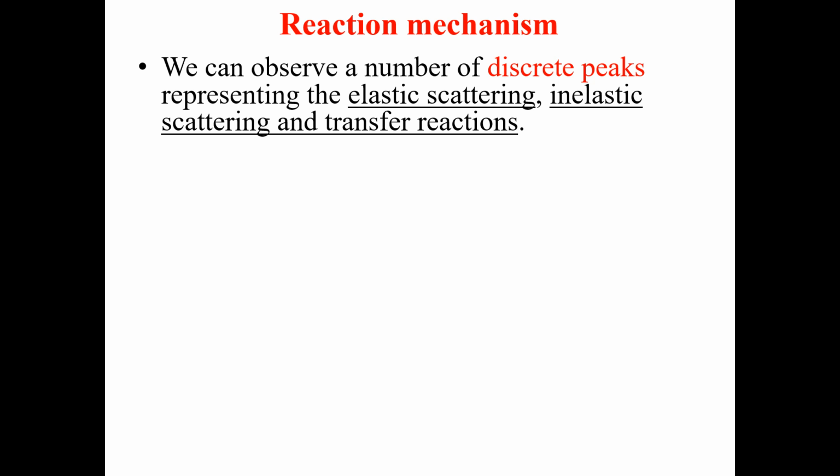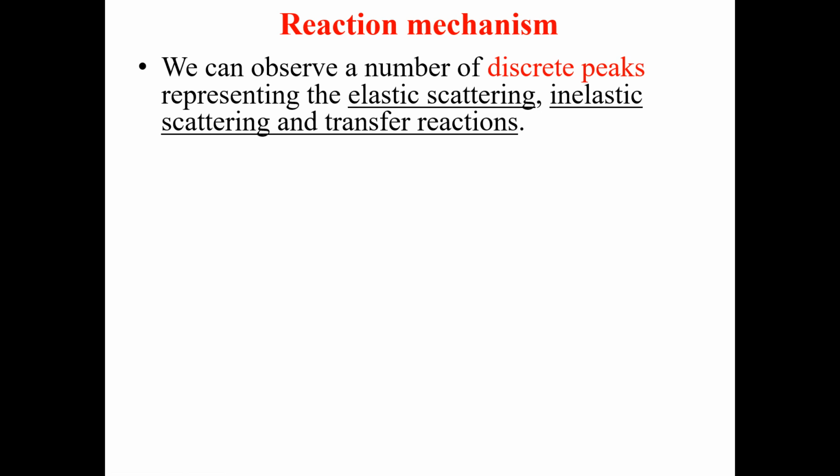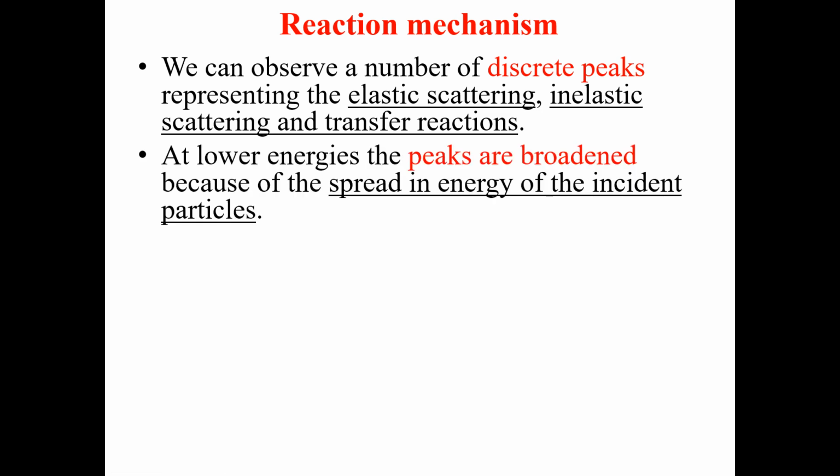We observe a number of discrete peaks representing inelastic scattering, elastic scattering and transfer reactions. At lower energy, the peaks are broadened because of the spread in energy of the incident particles.